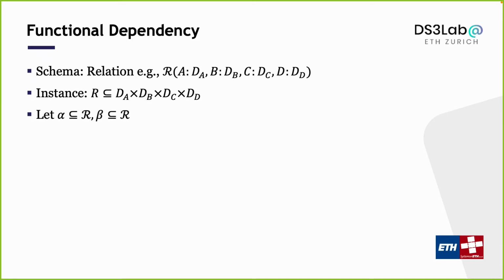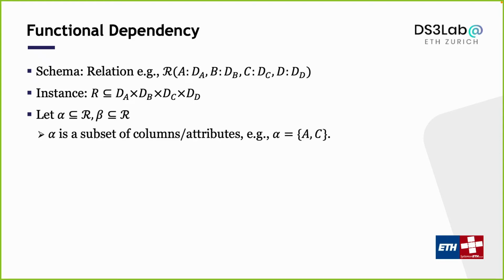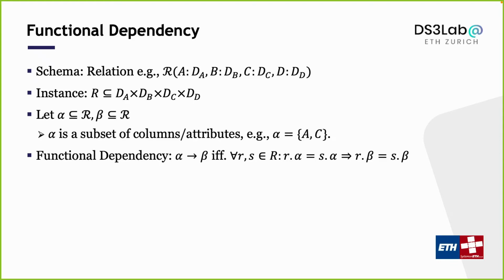If you pick 2 subsets of attributes, let's call them alpha and beta, so they are subsets of attributes A, B, C, D, we say there's a functional dependency from alpha to beta. We also say alpha decides beta.